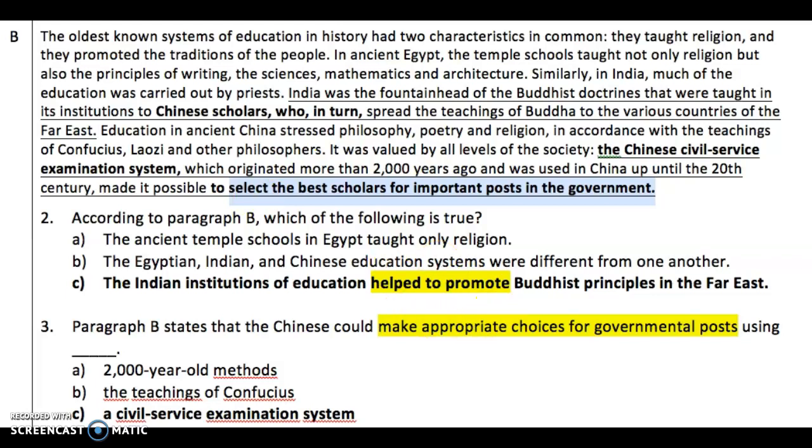Instead of choice here, we see the word select, and before that we learn Chinese civil service examination system was used to select the best scholars. So C is the answer.